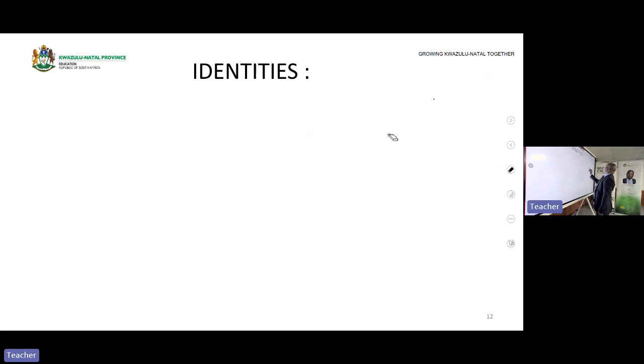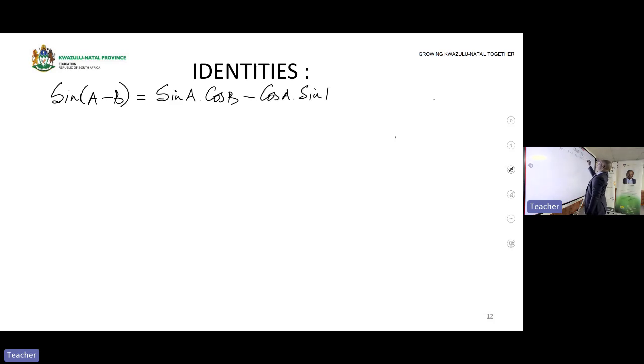What is the compound identity for sine? I think we all remember. The compound identity for sine of A minus B is, because of the co-relations, sine of A times cos of B minus cos of A times sine of B.